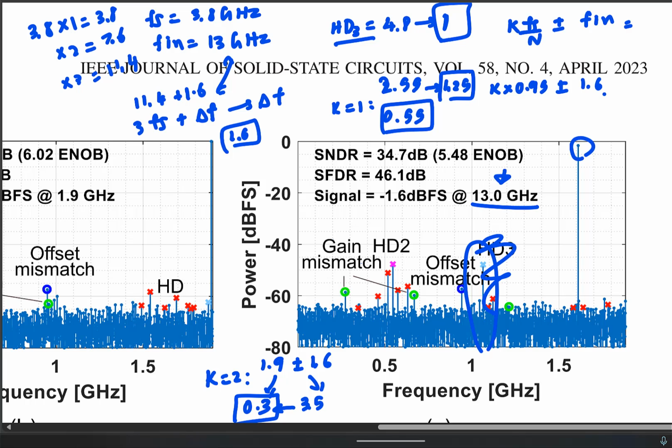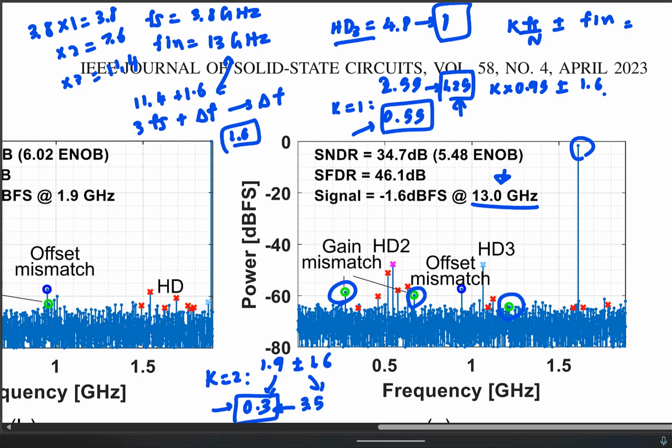So about 1 gigahertz you see the third harmonic. And because of gain mismatch, you should be seeing one at 1.25. That is probably this one. You should see one at 0.55 somewhere here, and one at 0.3. That should be this one.